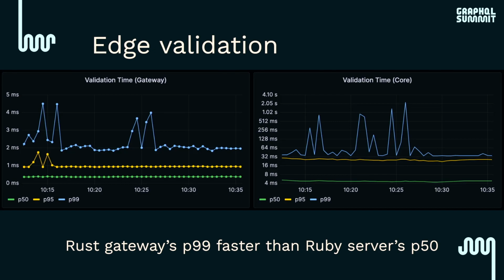In our case, the Rust gateway's P99 response time was faster than the Ruby server's P50. We went from basically 50 milliseconds P99 to 2-3 milliseconds P99. That's a drastic change, really an order of magnitude difference. I don't want to give Rust all the credit, but I think it is certainly a factor.